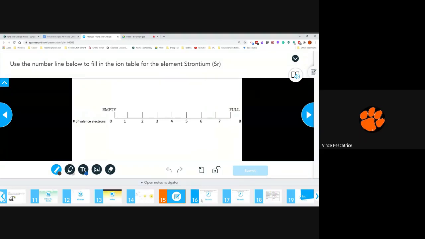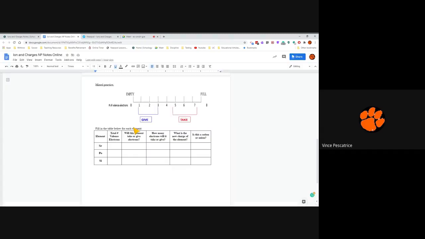You can do those on your own if you would like, but I'm going to fill them in here so it gives you a good idea of what to do on your table. Let me actually zoom in a little bit.